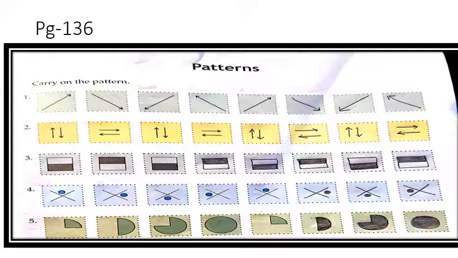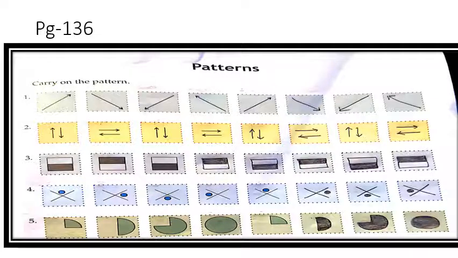Children, look at the first part. Here you will see that in the first box there is an arrow moving upward from left to right. Then in the next box it is moving downwards in the same direction, that is from left to right.